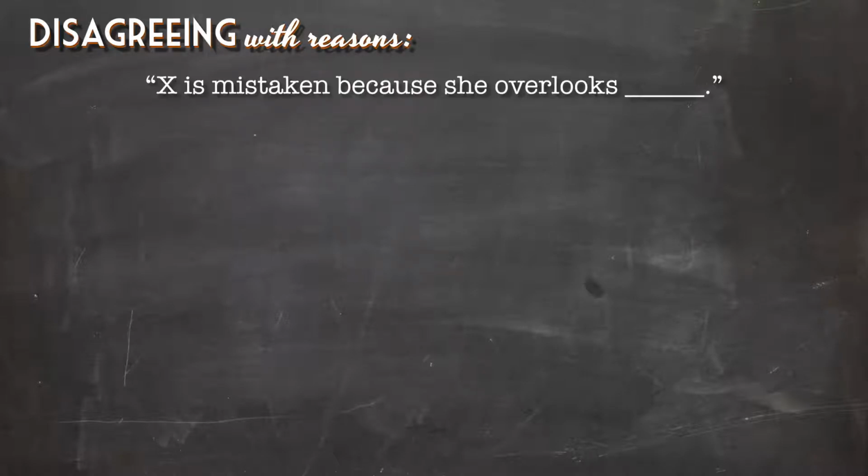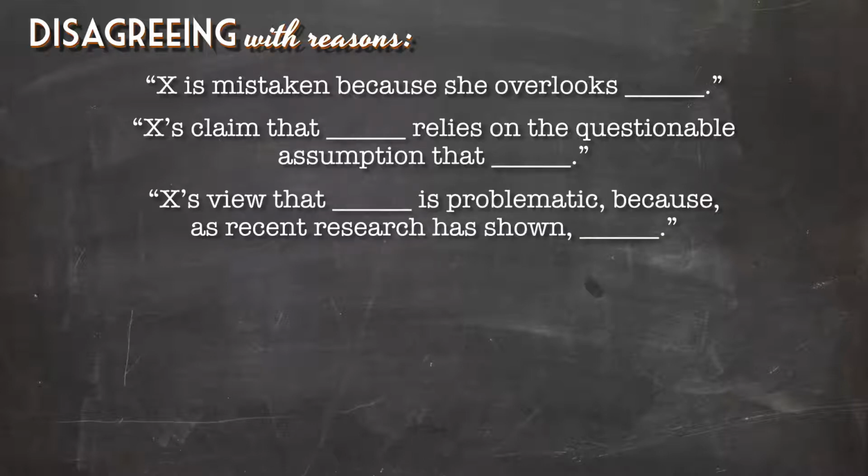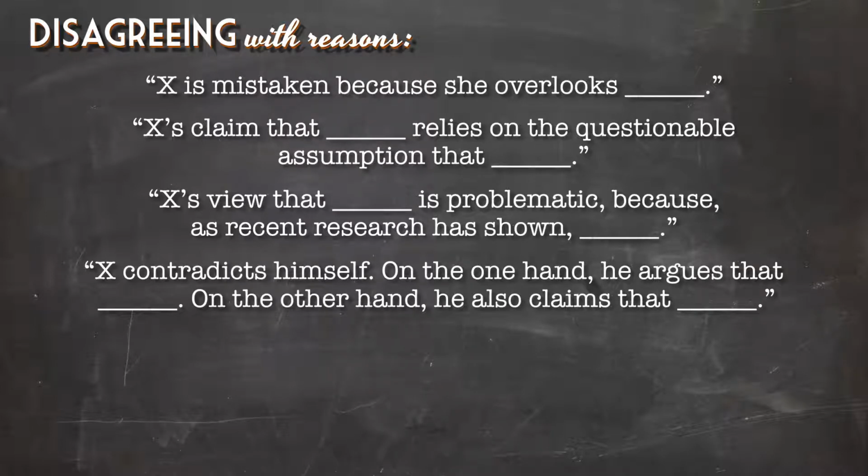X is mistaken because she overlooks... X's claim that... relies on the questionable assumption that... X's view that... is problematic because, as recent research has shown,... X contradicts himself.